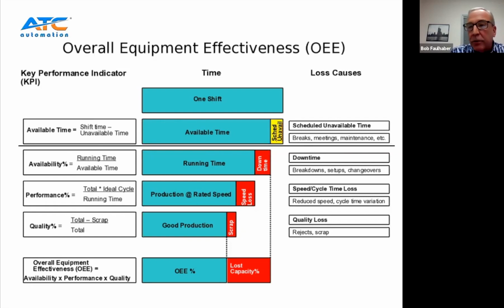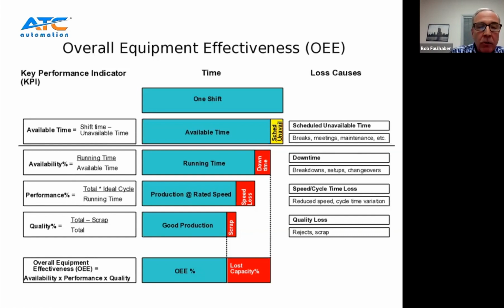So if the actual cycle time was 30 parts per second, we have to divide that by the ideal cycle time to get a percentage of the speed that the line was designed to perform to. And that's speed loss. You see that red section there is actually the speed loss that we've lost from that available time.